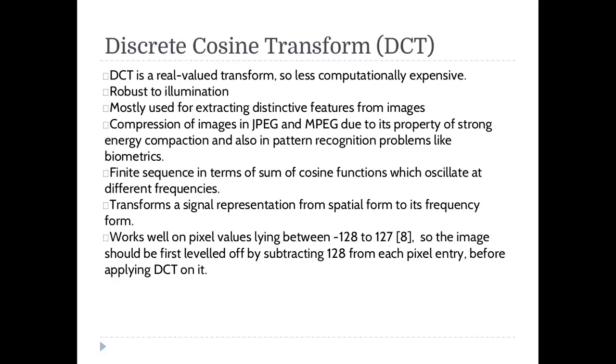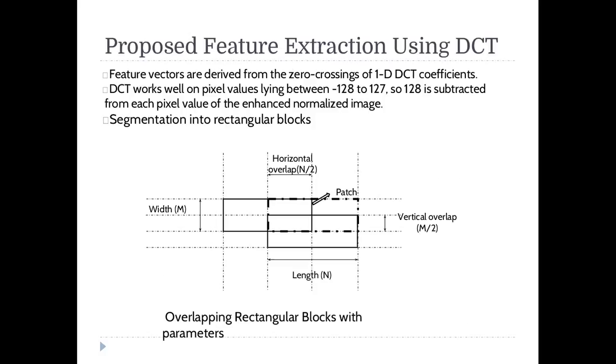So here one can see that the whole image is a two-dimensional feature, but we have used a one-dimensional feature vector.